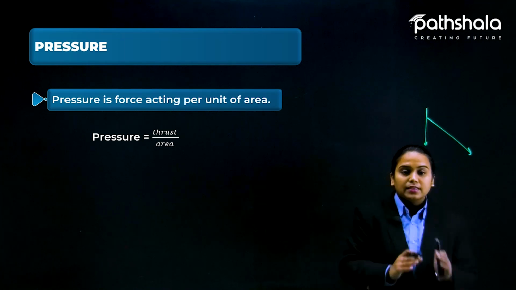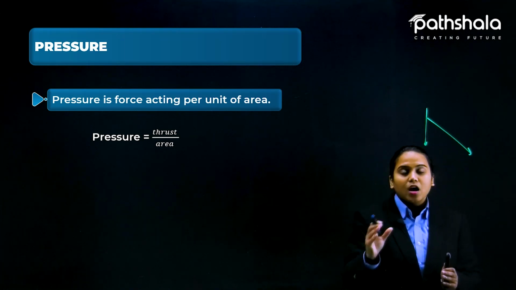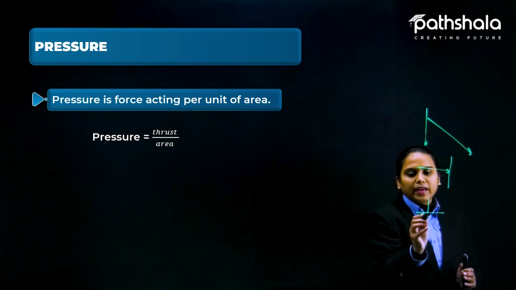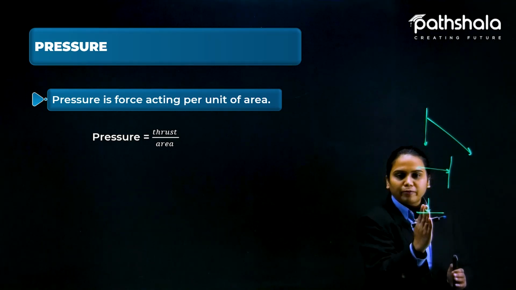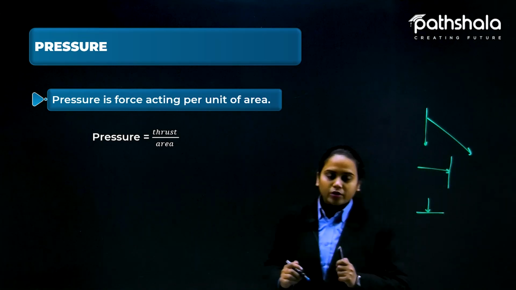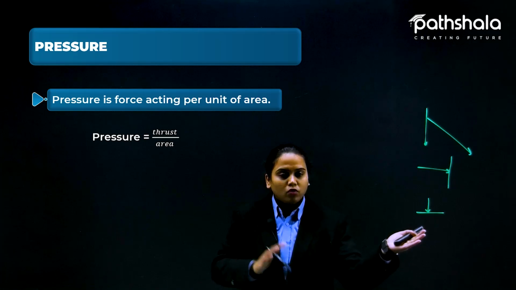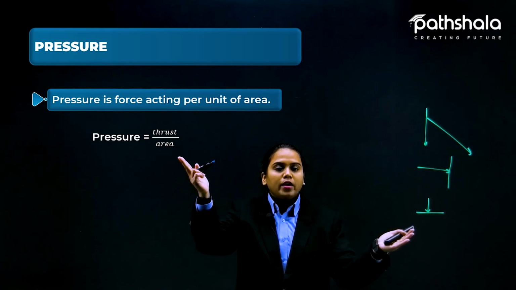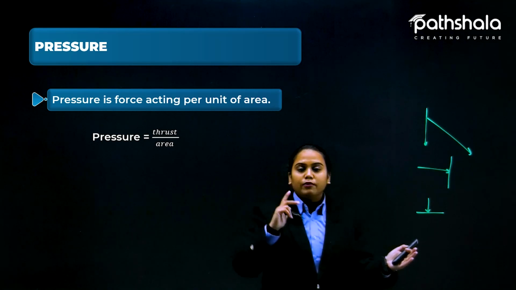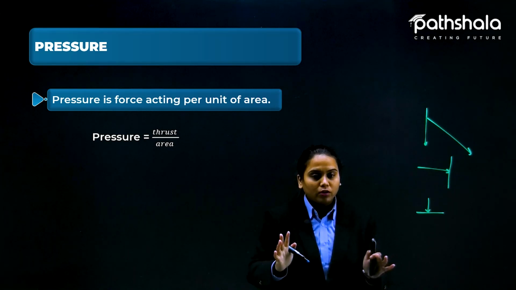But in this class you just need to check if the force is perpendicular to the surface, whether perpendicular to the ground or horizontally perpendicular to a vertical surface. So any perpendicular force, that is thrust, upon area is pressure for you people. And this formula is very important, very useful also.